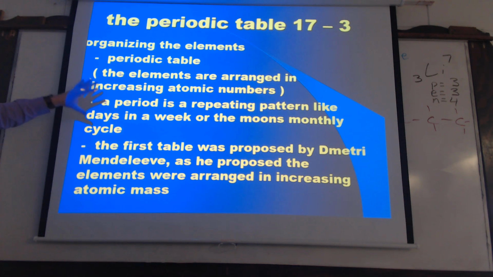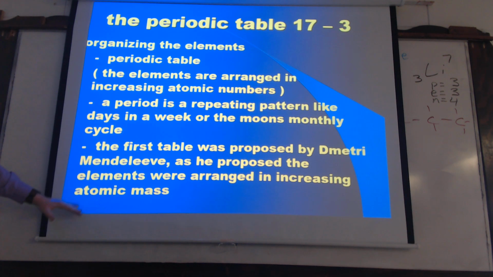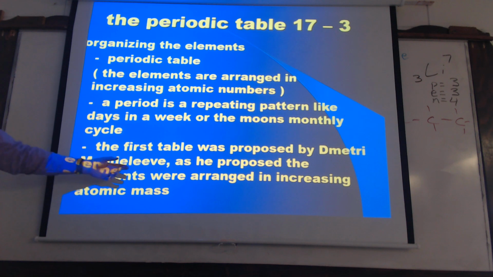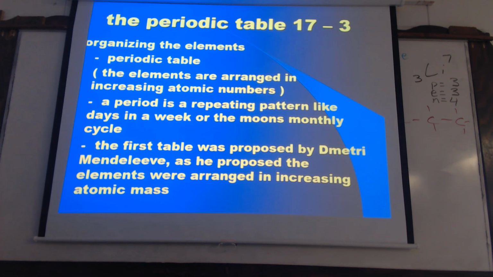And these patterns all down the table. Okay? And that's why we have the periodic table, because they repeat themselves. Now you have to look at Mendeleev, his first table. How was it arranged?